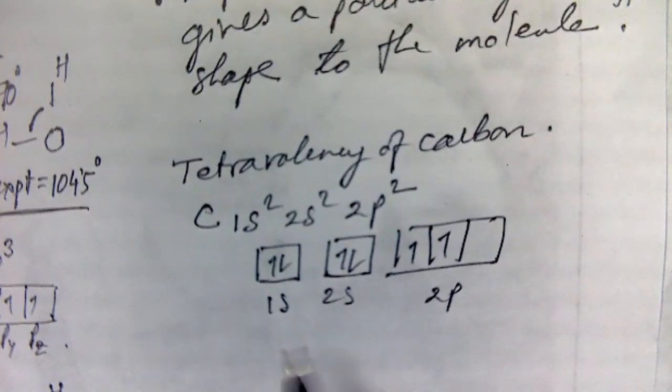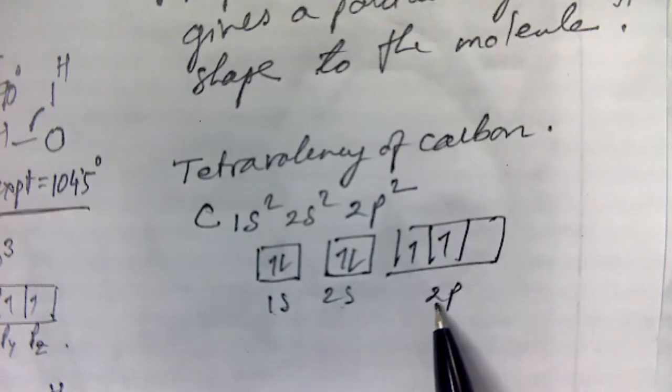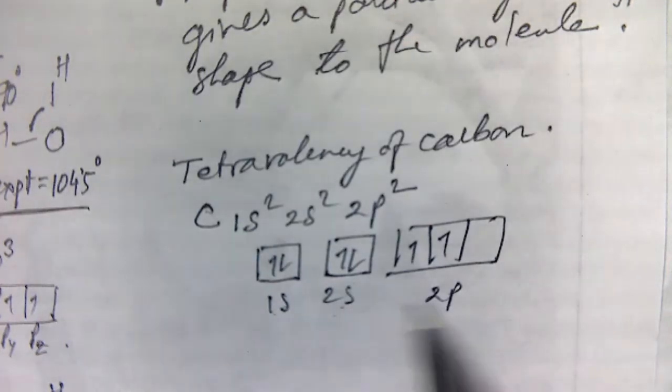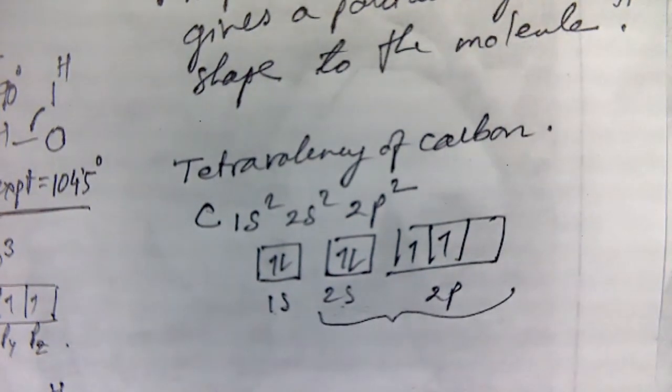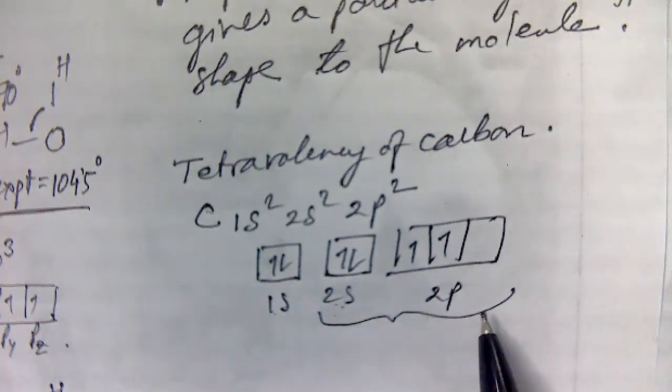Now what will happen? Normally between 1s and 2s, the energy difference is very high. But 2s and 2p have almost the same energy; the difference in energy is very less. Why? Because both belong to the same shell.